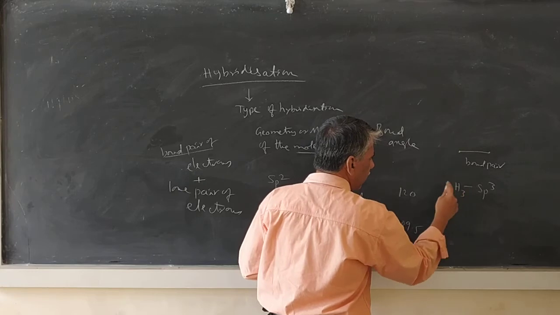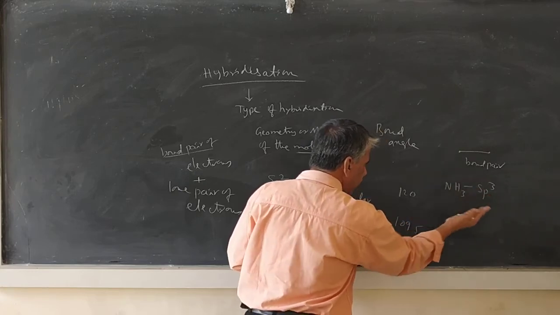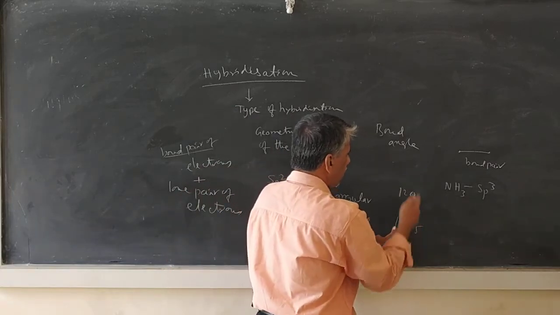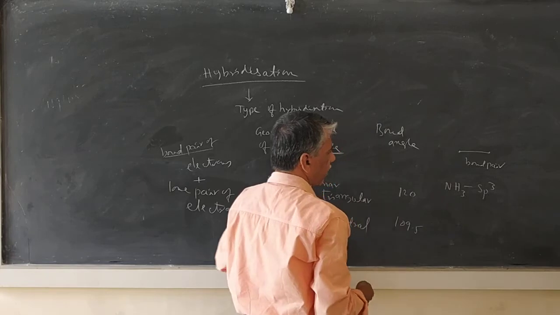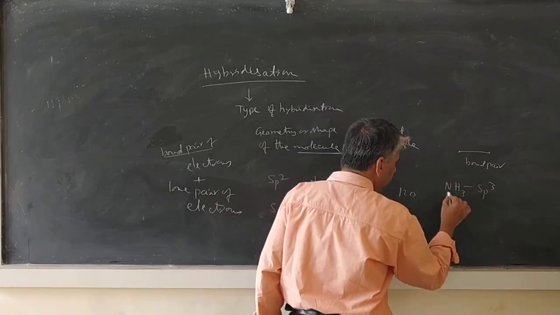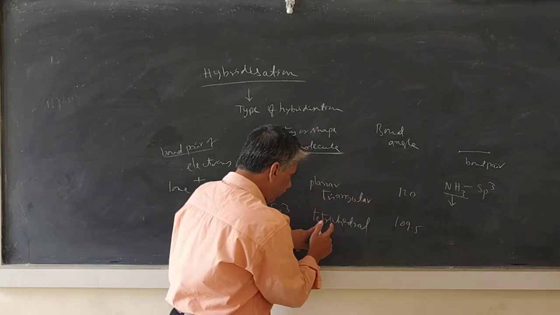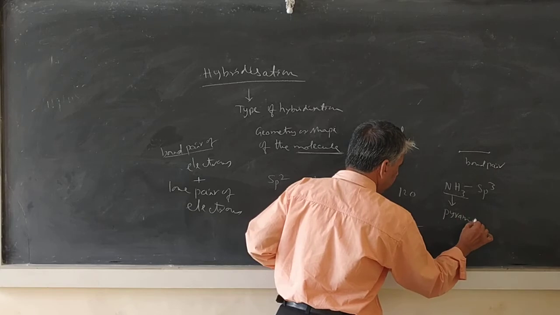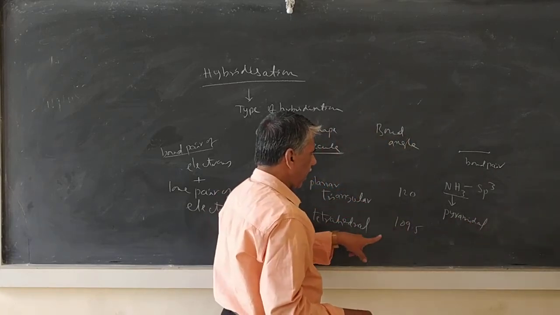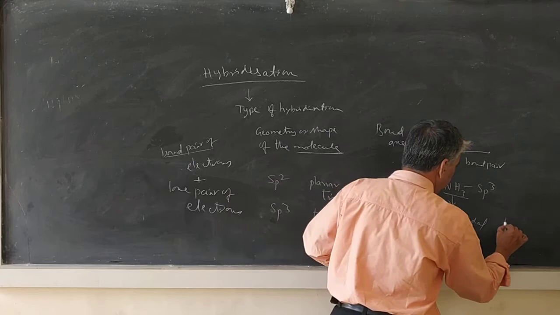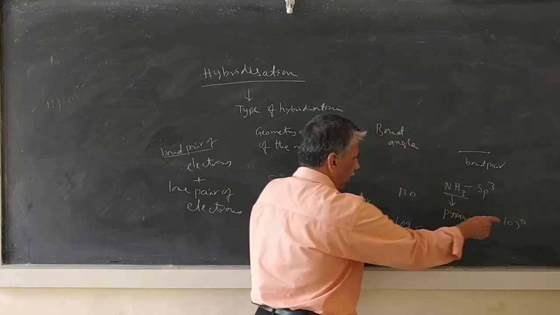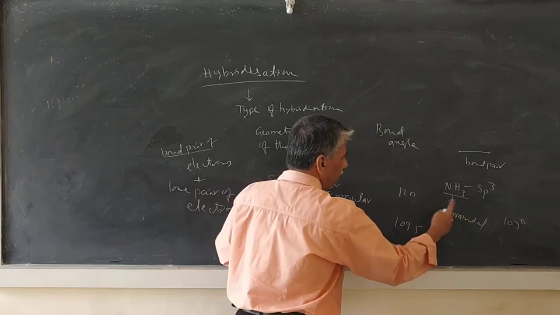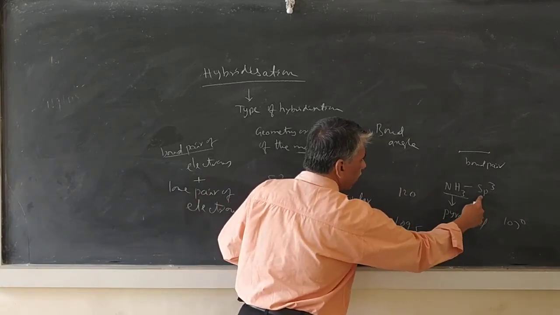Since ammonia involves sp3 hybridization, you will expect tetrahedral geometry and 109.5 bond angle. But in reality, the geometry of ammonia is not tetrahedral, it is pyramidal, and the bond angle in ammonia is 107 degrees. So the bond angle is decreased here and the shape is pyramidal even though the hybridization is sp3. Why?